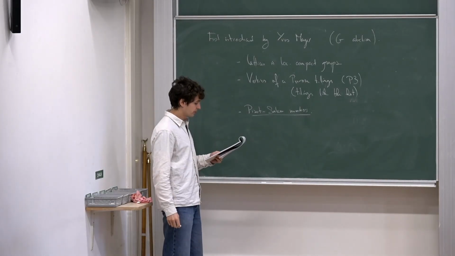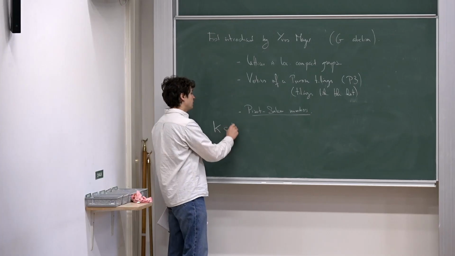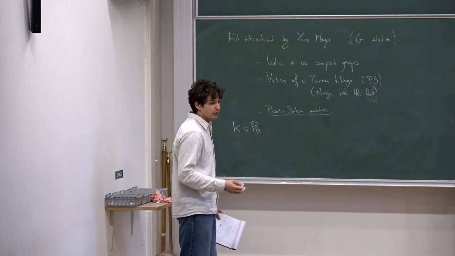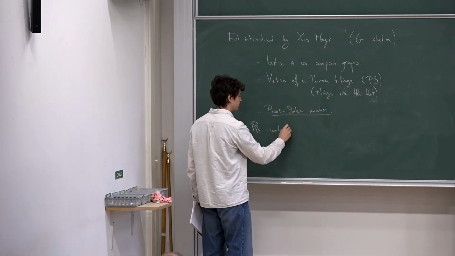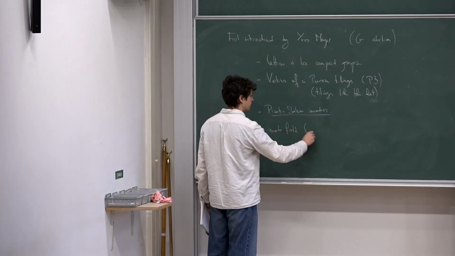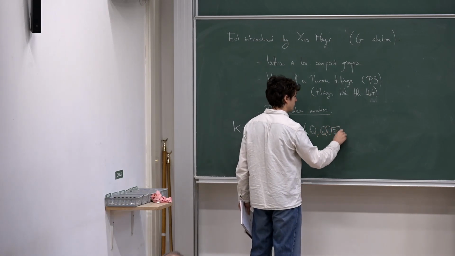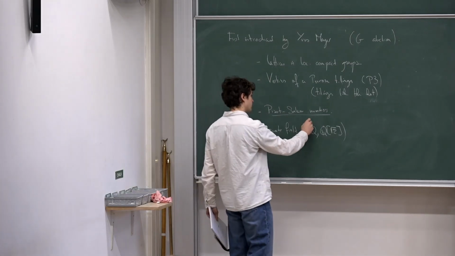So the way I'm going to construct them, I'm going to choose in R a number field. Okay. In my mind, it's going to be Q or Q square root of 2 usually. So that's just examples.